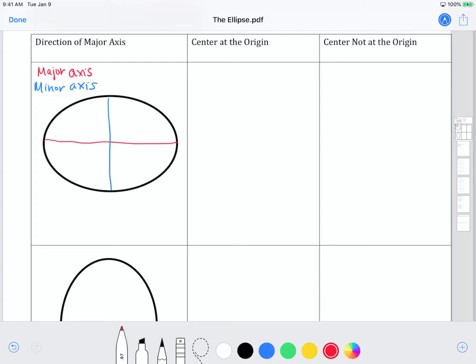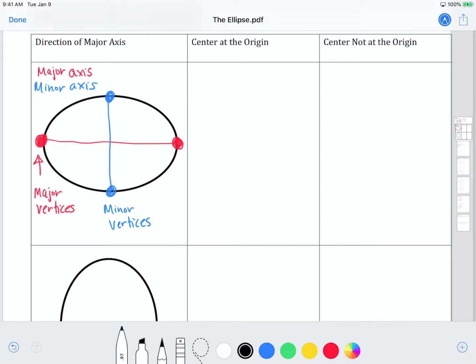Now, at the end of the major axes, we have what's called the major vertices. Those are the points, the ordered pairs, on each end of the major axes. And then we have the minor vertices, that are on each end of the minor axis.